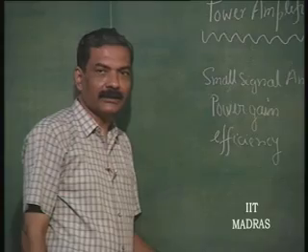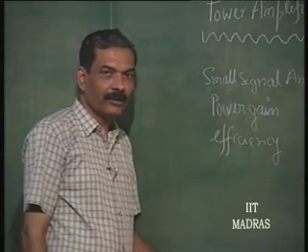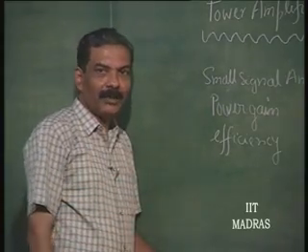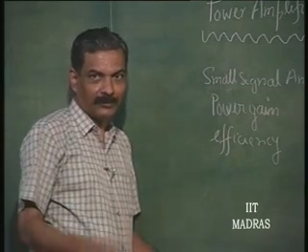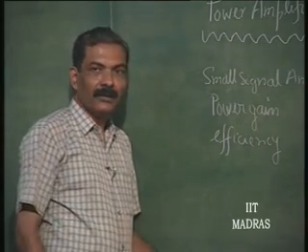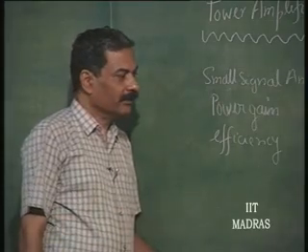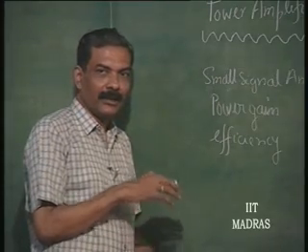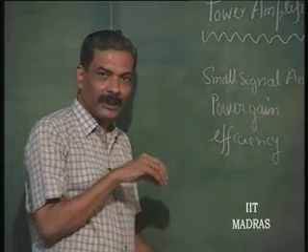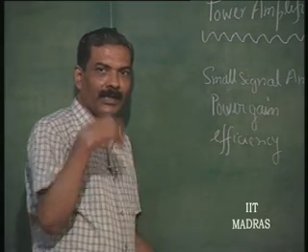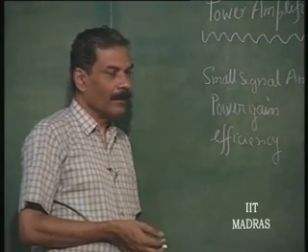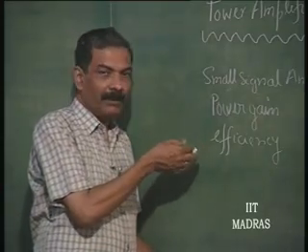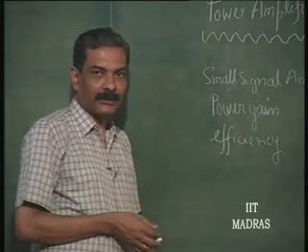What is efficiency? After all, you feed some input power and you get power gain, huge value of power gain. How do you get this gain? The signal has low power input at the input stage of the amplifier, and at the output it has been amplified considerably. This power comes from the DC bias.